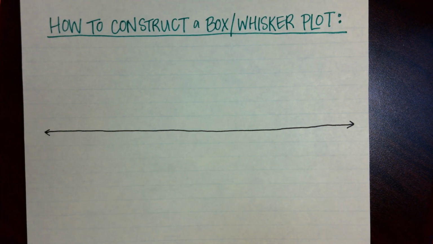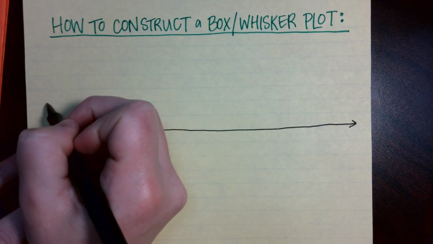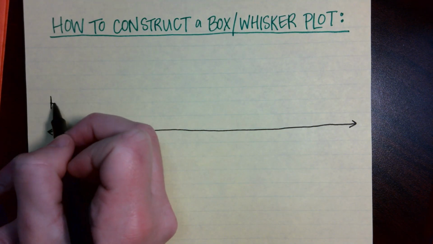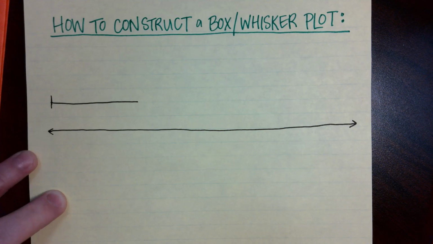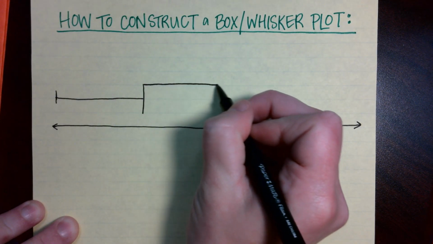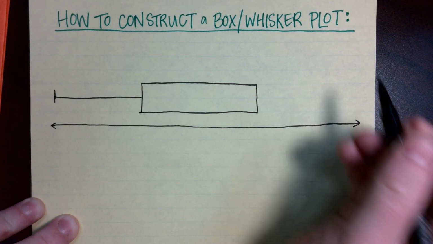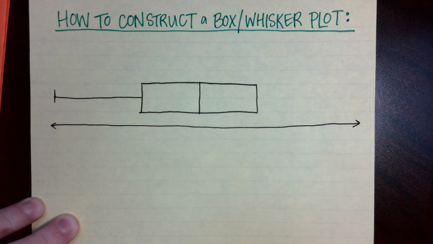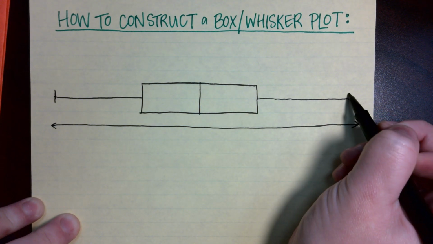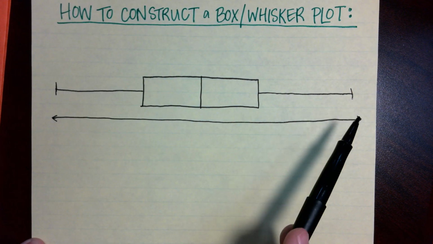We'll pay attention to that scale later, but your box and whisker plot is going to look like this. You'll have a little end here. There's your whisker. And then there's going to be a box with a line in the middle somewhere. And there's one more whisker like this.